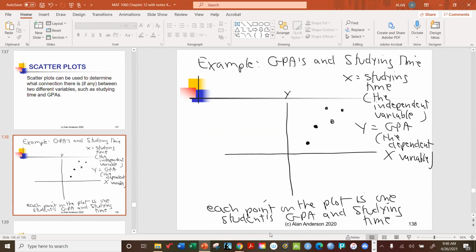Now, in this case, by the way, these numbers have to be positive. So we are restricted to the first quadrant of this graph, but let's say this is what we get.